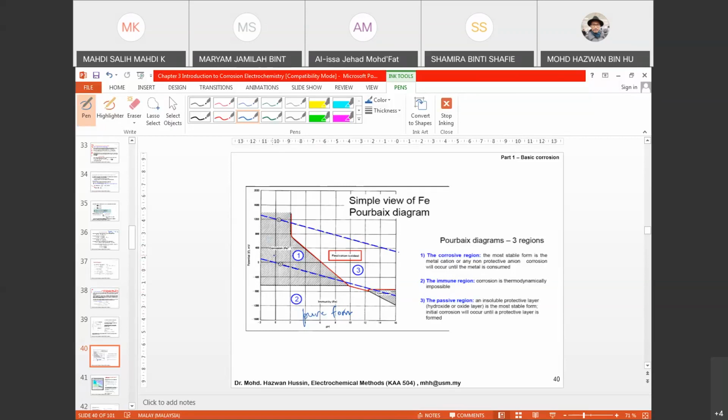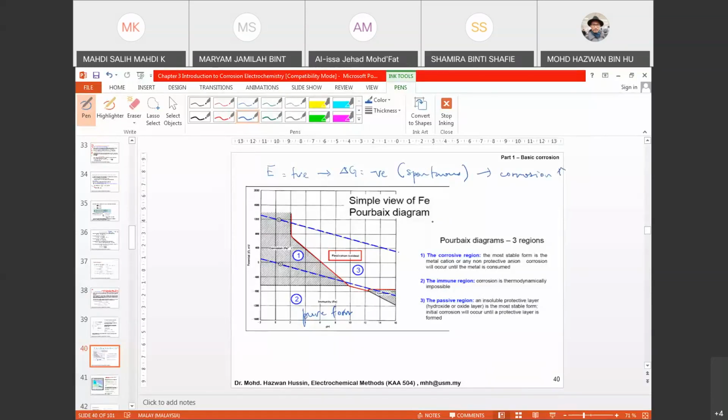So if the potential value is slightly positive, remember, if you have a positive potential, it means that your delta G will become negative, and this indicates that the process will become spontaneous. And when you have a spontaneous process, this indicates that corrosion can easily occur.